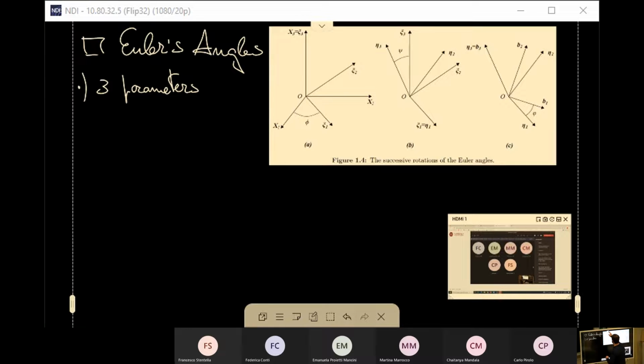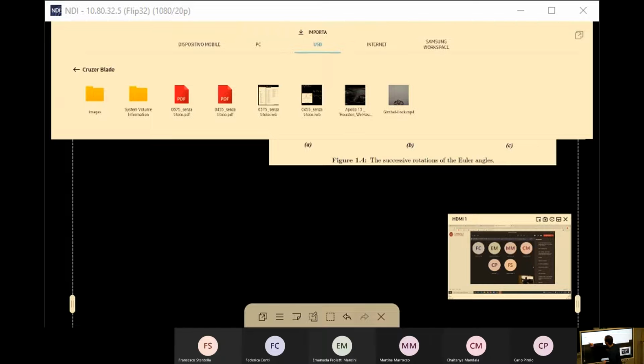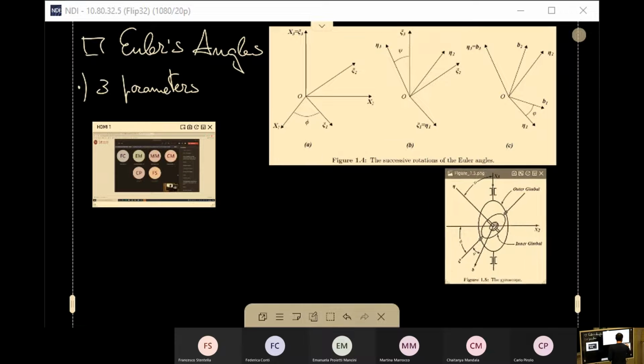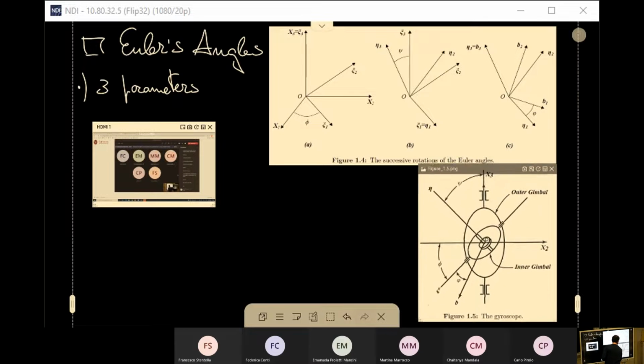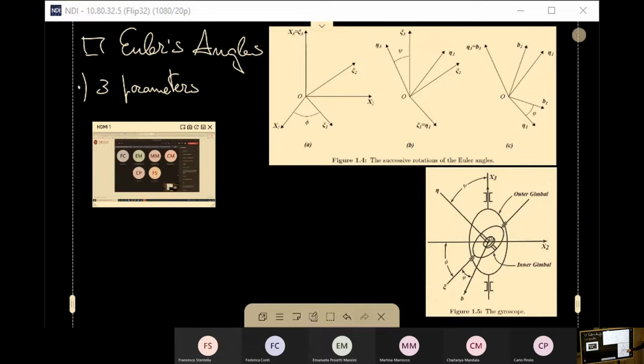In fact, this comes from Euler's mind to describe how the gimbal, the gyroscope, in fact, works. You can see it from here. So this is basically a very basic image of the gyroscope. Basically, you have 3 circles, one inside the other. Each one has, in theory, an independent axis of rotation about which the circle can rotate.